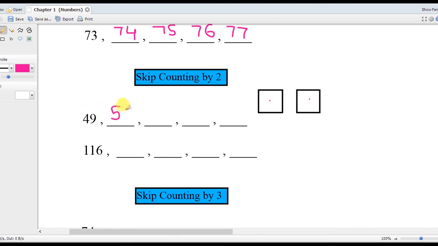So write 51 here. Now start counting after 51. 52, 53. So write 53 here. Now start counting after 53. 54, 55. So write 55 here. Then next, start counting after 55, 56, and 57. So we reached the number 57.